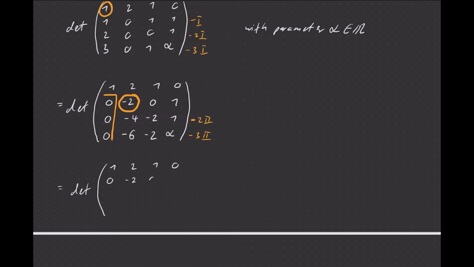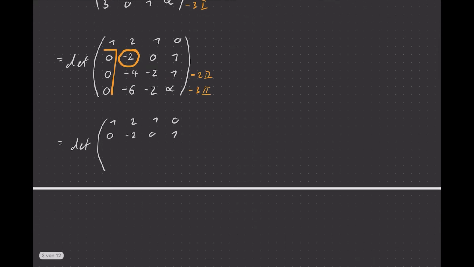I'll copy the first and the second row because those will not change. Now for the third row, that 0 is of course still a 0. And I get minus 4 minus 2 times minus 2, so that's minus 4 plus 4, that's 0. Minus 2 minus 0, it doesn't change. And here I have 1 minus 2 because of that factor here, so that becomes a minus 1.